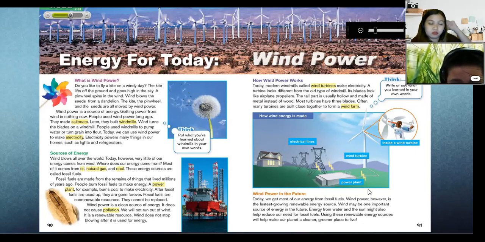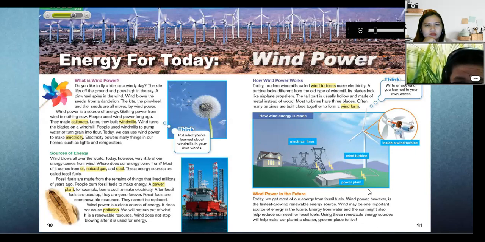It does not cause pollution. We will not run out of wind. It is a renewable resource. Wind does not stop blowing after it is used for energy. How wind power works. Today, modern windmills called wind turbines make electricity.